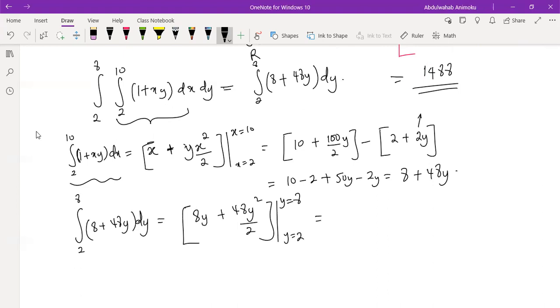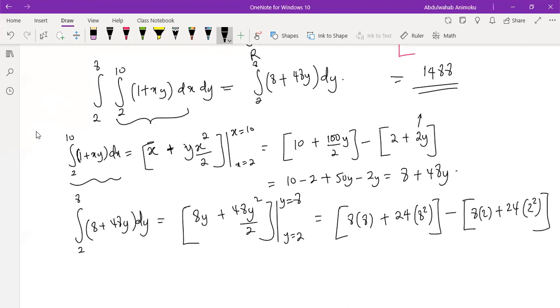Now, what does this give us? This gives us 8 times 8 plus 24 times 8 squared, minus, when y is 2, 8 times 2 plus 24 times 2 squared. So how did I get 24? 48 divided by 2 is 24.